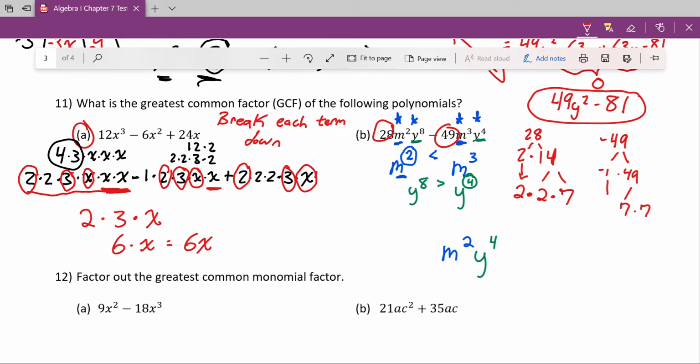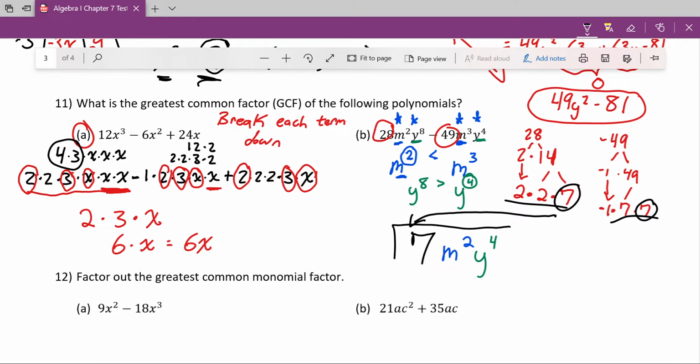So I know that negative 49 is really negative 1 times 7 times 7. And what do these two sets of factors have in common? Well, they both have a 7. So because they both have a 7, I'm going to take that 7 and throw it right here in front. So our greatest common factor is 7m to the second, y to the fourth.